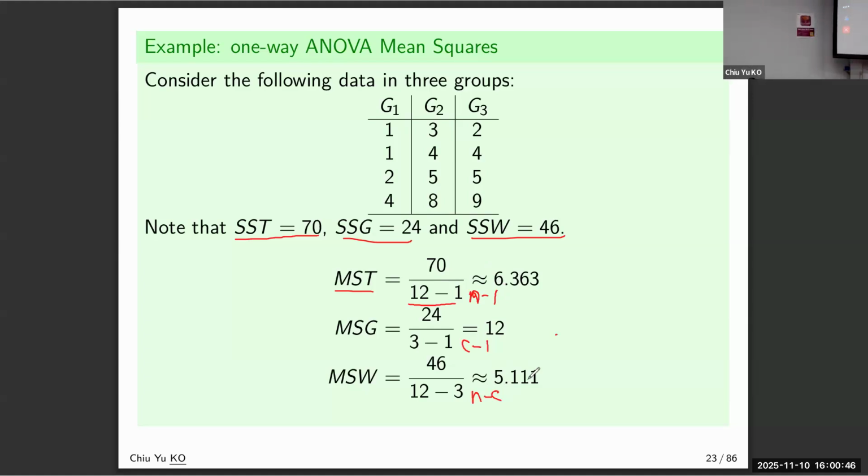These are all simple calculations, and the MST, MSG, MSW will appear in your Excel. Except for the optional assignment, I don't ask you to do that. Excel already calculates everything, so you don't have to worry about that part.